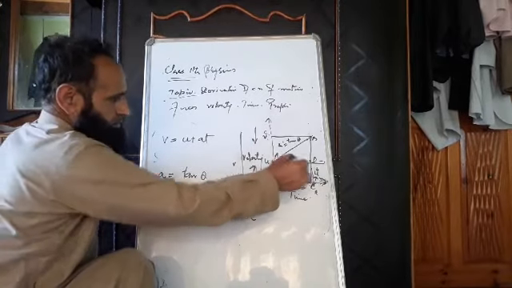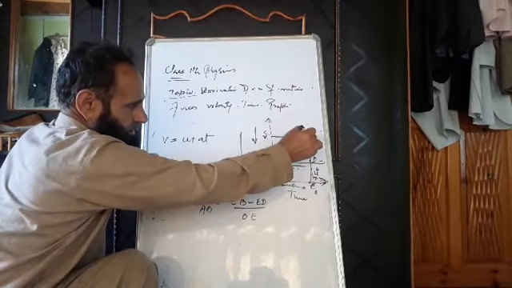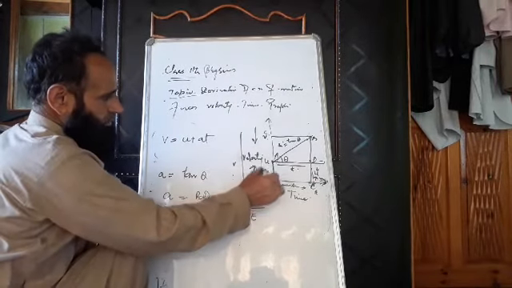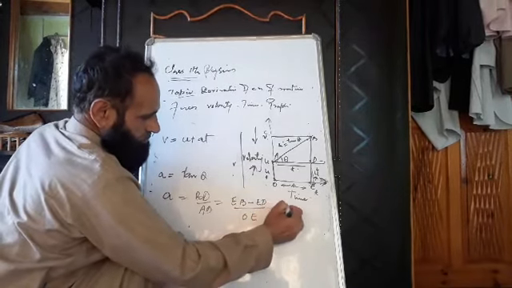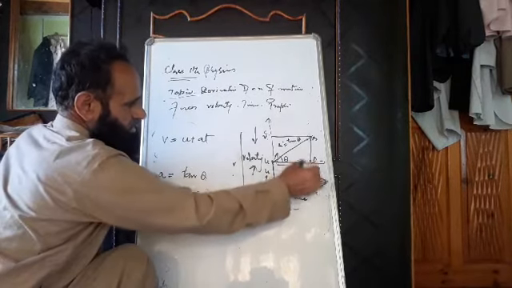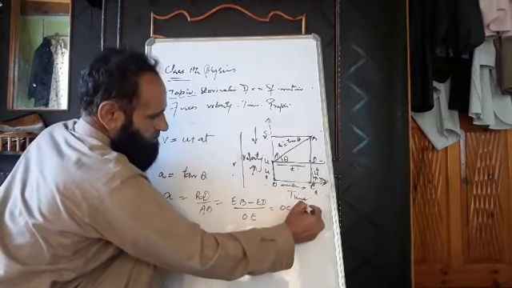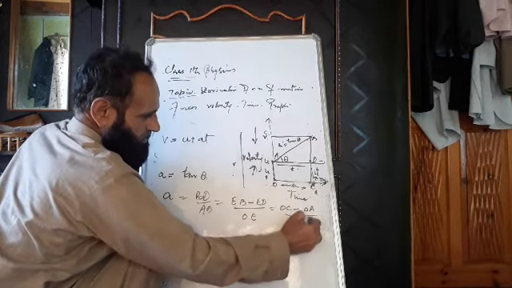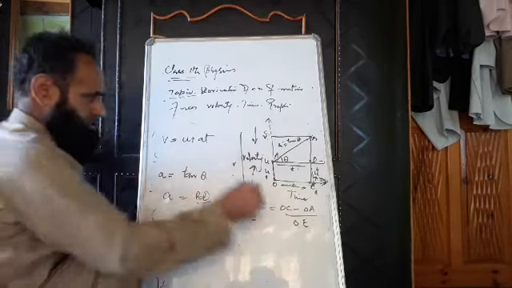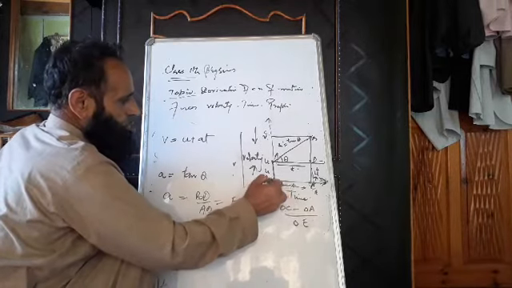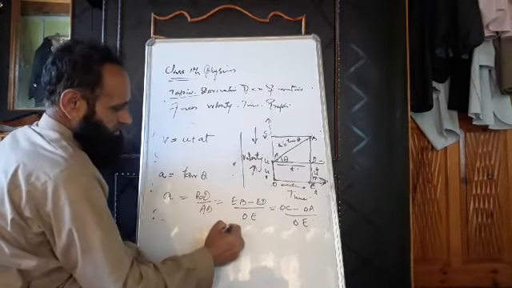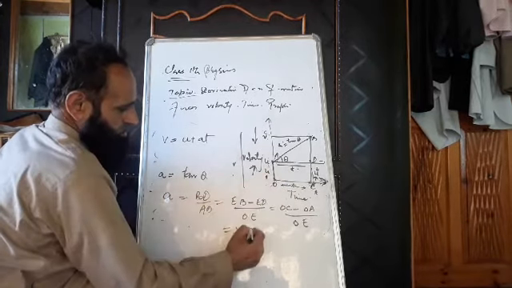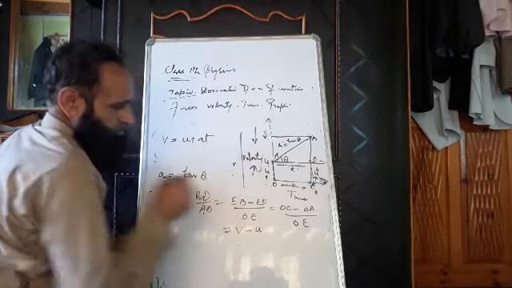This BD is equal to EB minus ED. Instead of EB we can write OC, instead of ED we can write OA, divided by this OE. We know that O to C is equal to v and OA is equal to u, so it is v minus u.